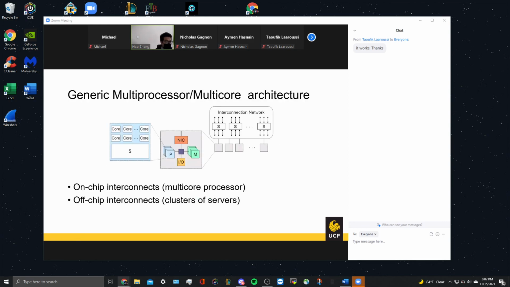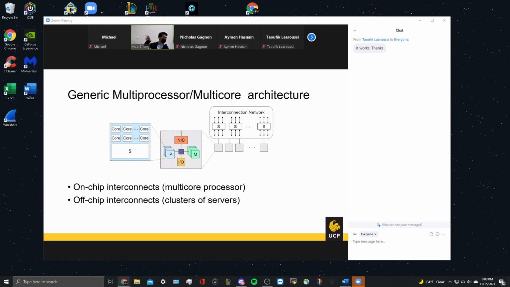So what is multiprocessor or multi-core architecture? On-chip interconnects, or another name, network-on-chip, is for the multi-core processor. Off-chip interconnects is for clusters of servers. If we have a data center, different individual computers should be connected with a bundle of what?